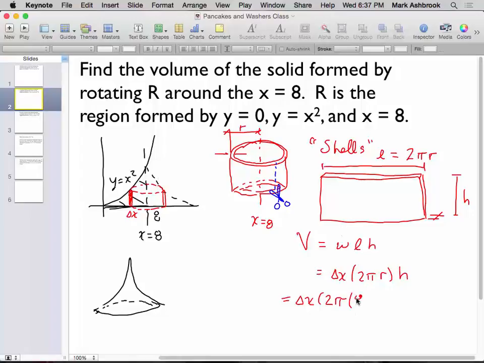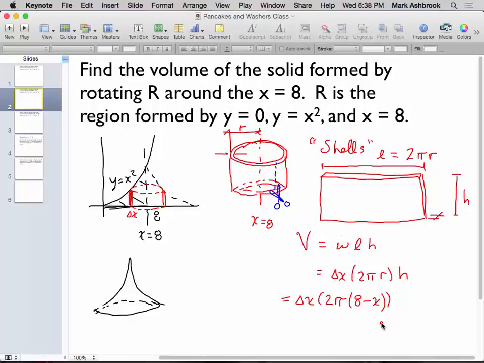So it'd just be 8 minus x. Don't put x squared. It's 8 minus truly x, not 8 minus x squared, because x squared is y. You want 8 minus the x coordinate of our strip. So we're not going to change that into y. We're going to leave it x. That's why you need to be able to recognize an x or y coordinate and know that that's x and not x squared.